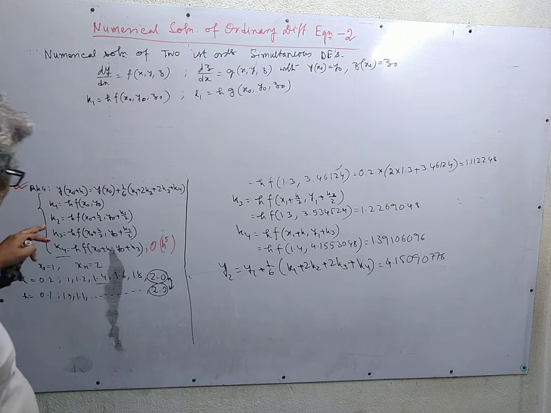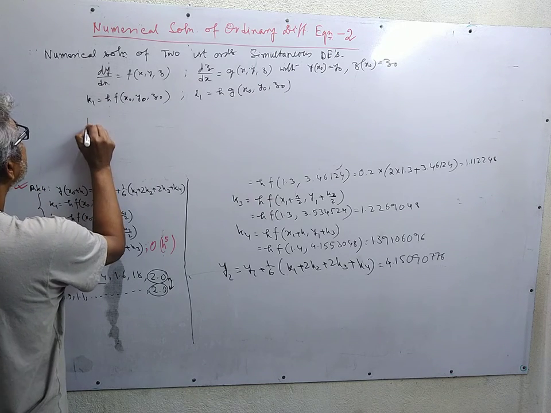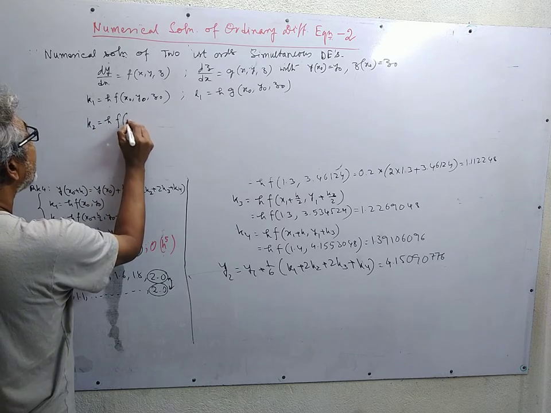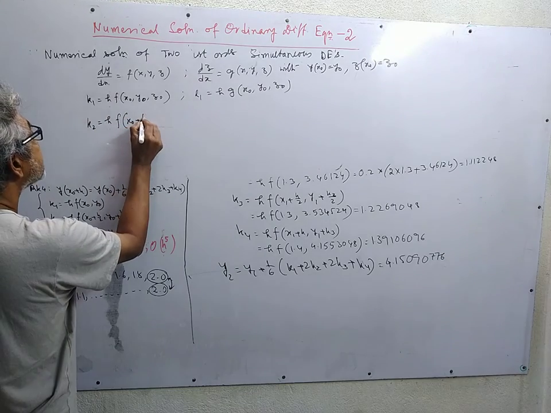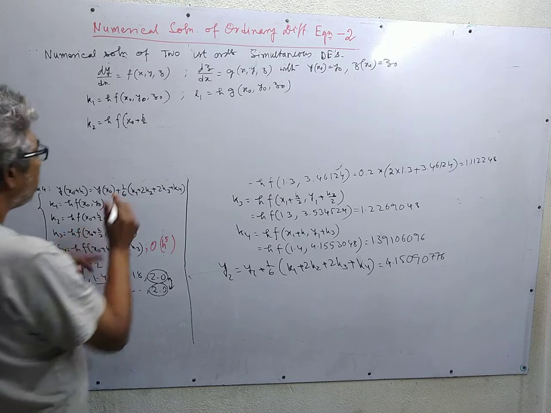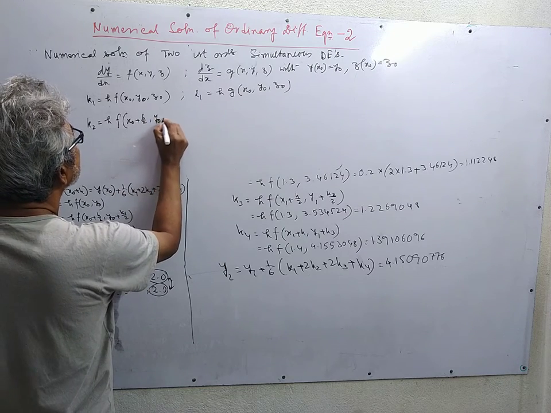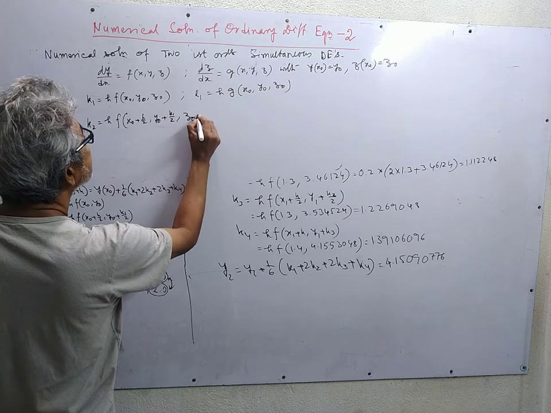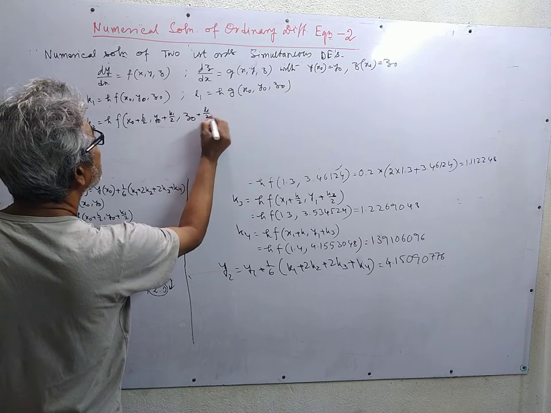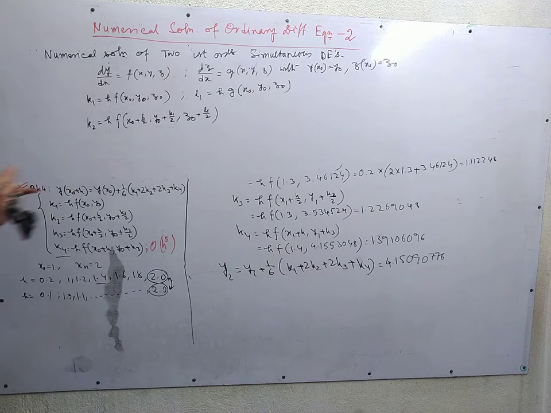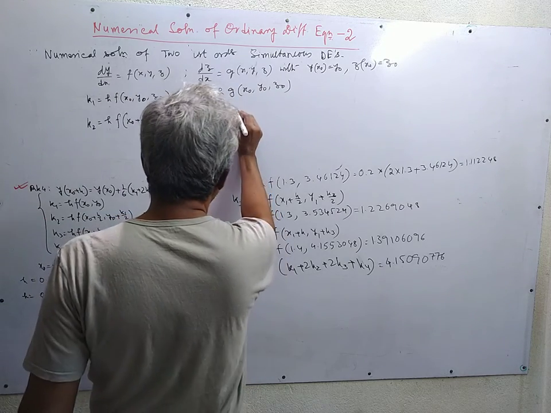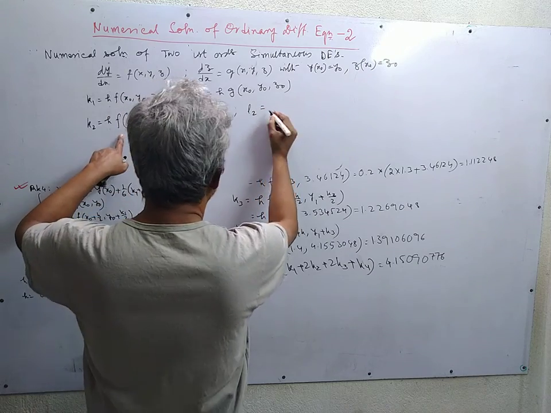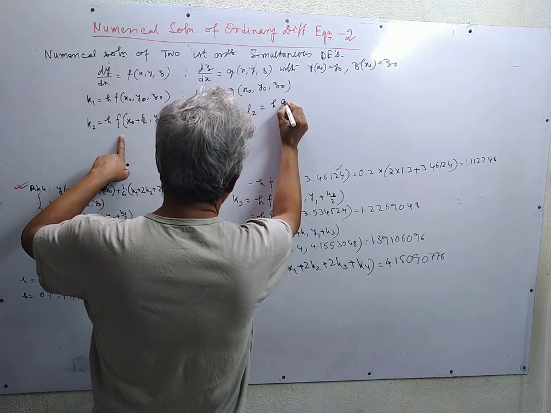Now we come to k2. K2 is h f of x0 plus h by 2, y0 plus k1 by 2, z0 plus L1 by 2. This is K2, and correspondingly L2 is obtained with same argument, but the function changes.